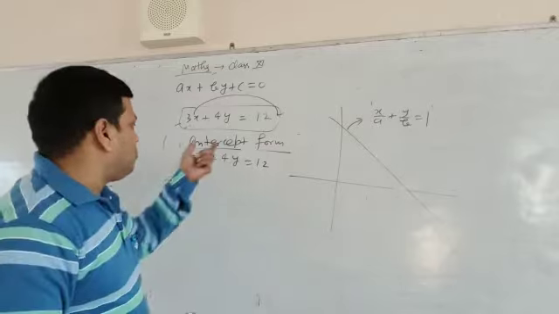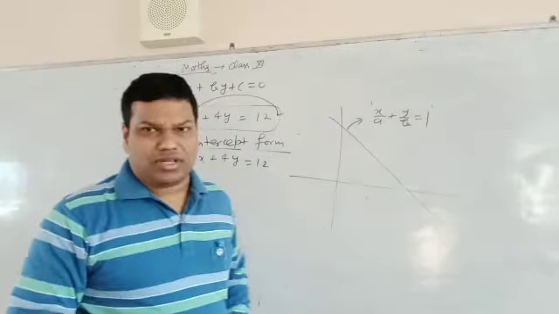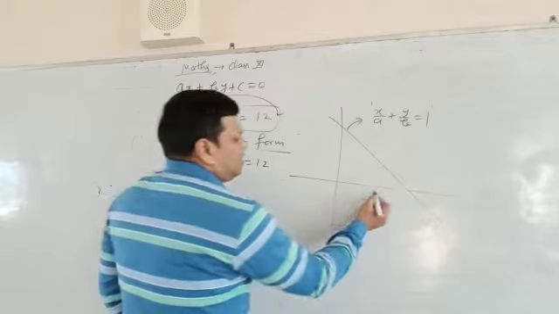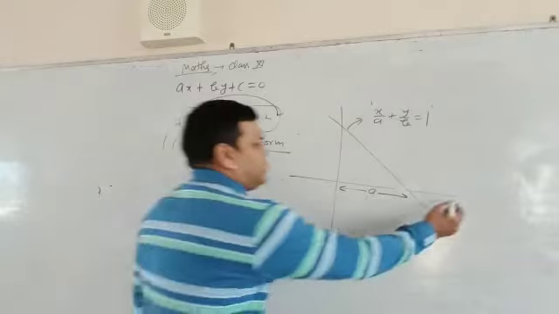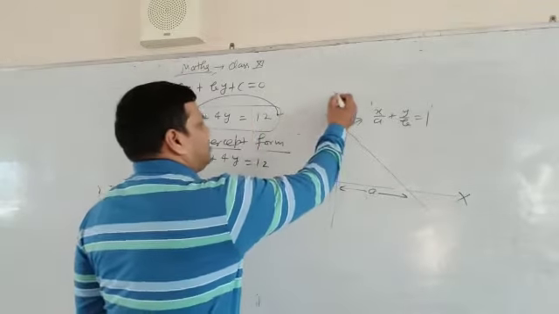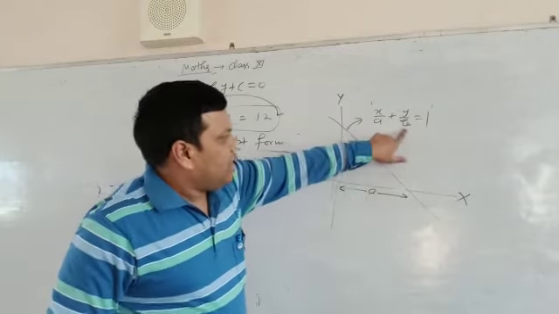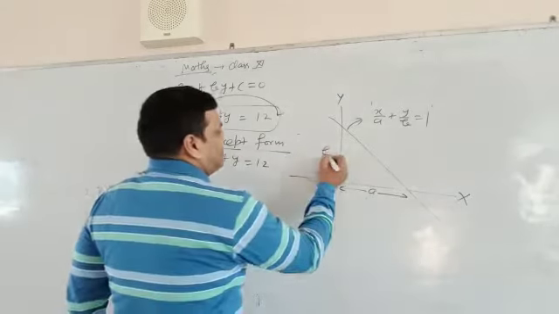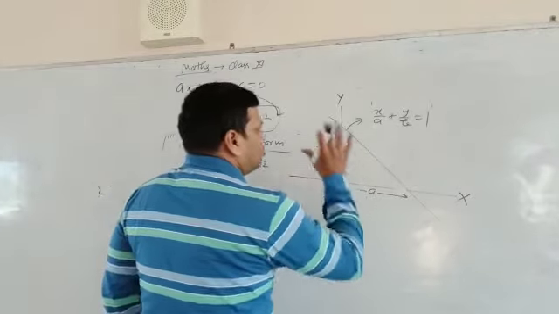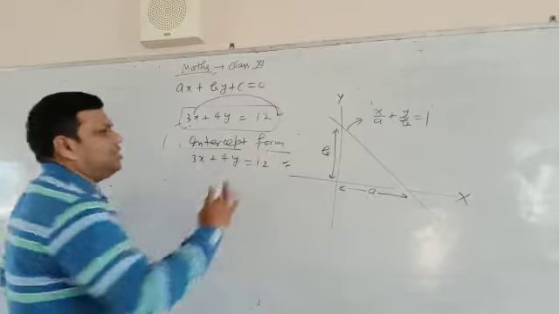This form is known as intercept form, where a is the x-intercept, the point where the line intersects the x-axis, and b, the denominator of y, is the y-intercept. If we change this equation into this form, that is called intercept form.